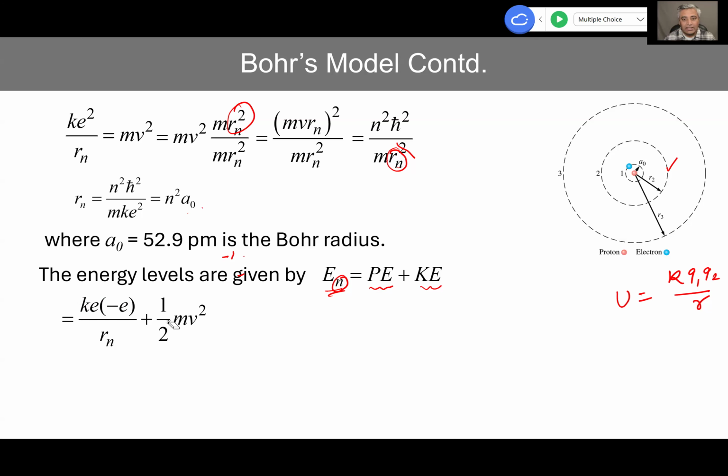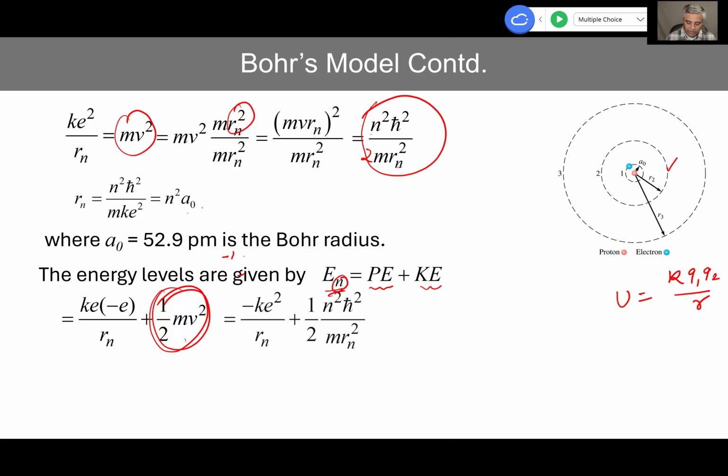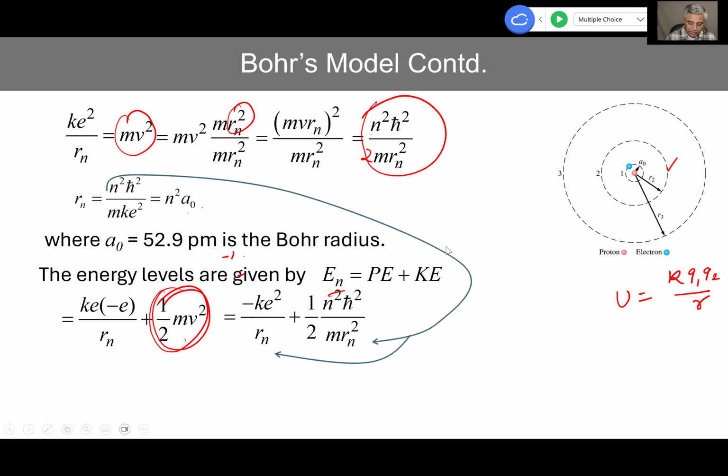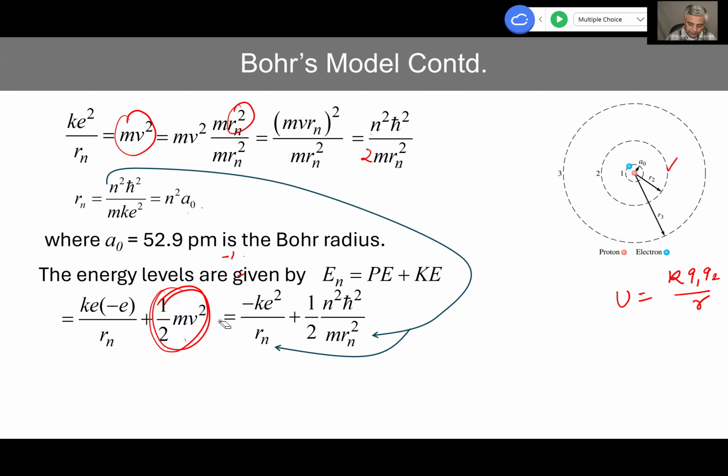Remember, potential energy is a scalar quantity, so we need to use the sign of the charge as well. Plus kinetic energy, so half mv square, we already know mv square is this much. So half mv square is going to be just this thing with 2 in the denominator. So we can write that. Those are the things we are using here.